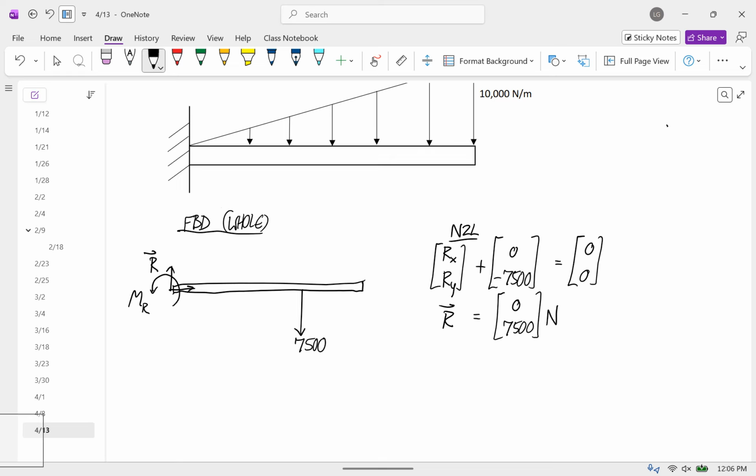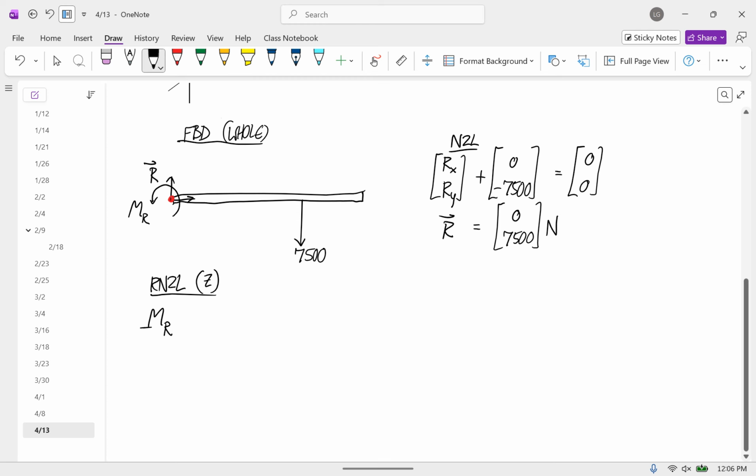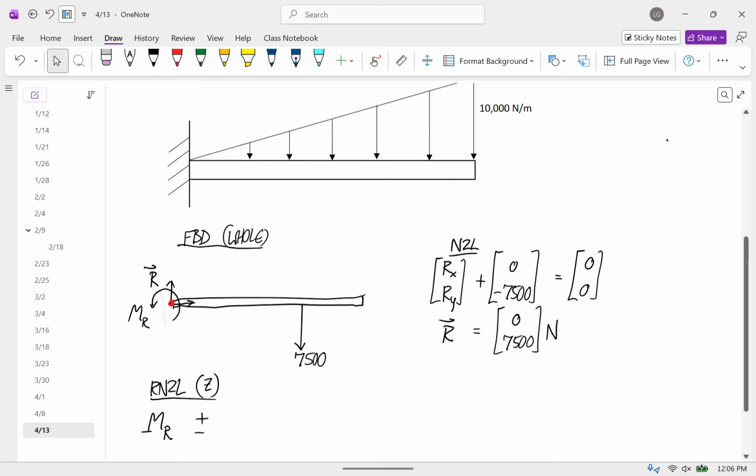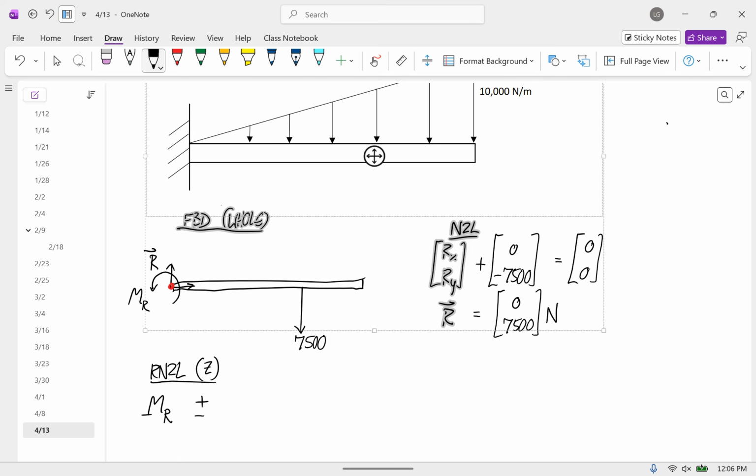And then the moment equation about the z-axis. I'll put my about point here. So we add on the couple, and then we have a moment arm of, this is 1.5. This 7,500 is a third of the way from the right end to the left end.